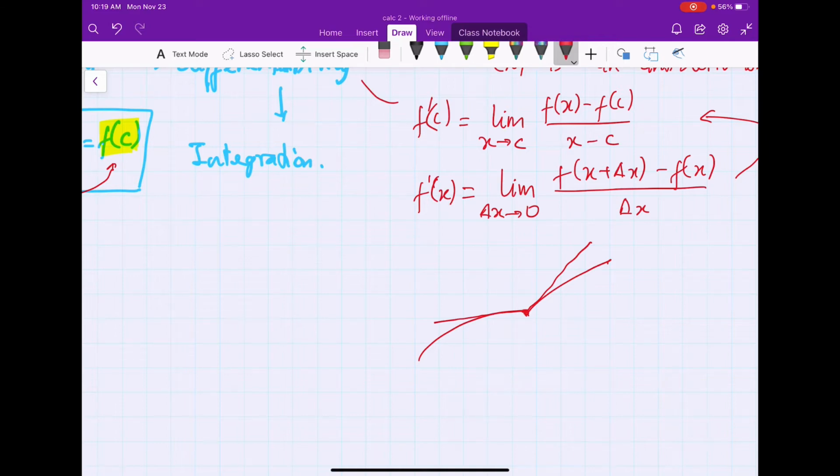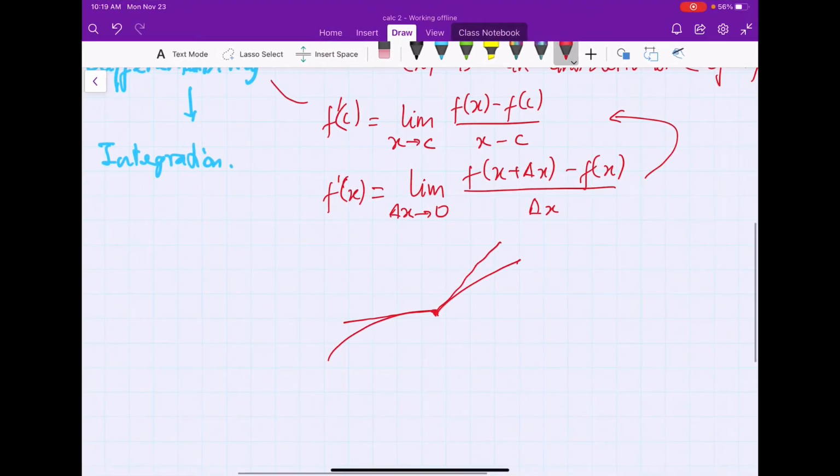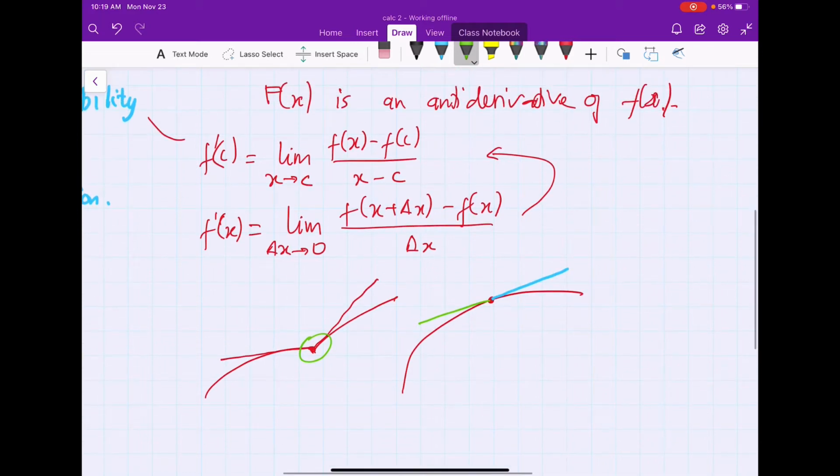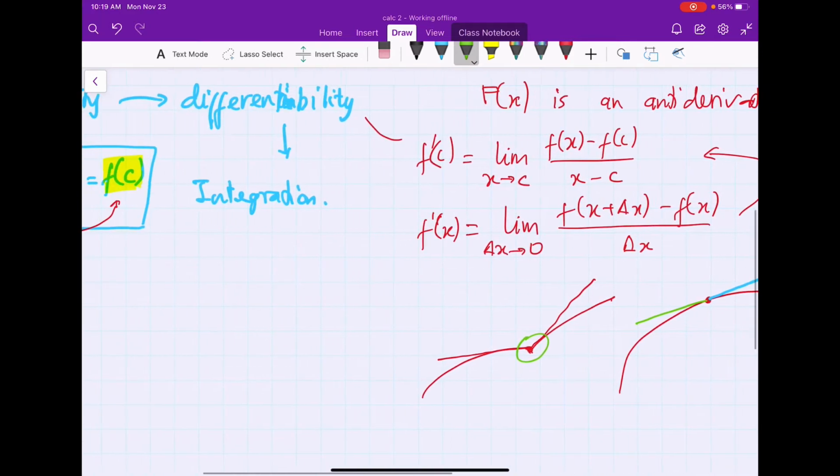They are not the same, so the function is not differentiable at this point. But if you have a very good function like this, and you consider some point here, this is the left tangent line, this is the right tangent line. It looks like they are the same, so the function is differentiable. In the other case the slopes are different, so the function is not differentiable.